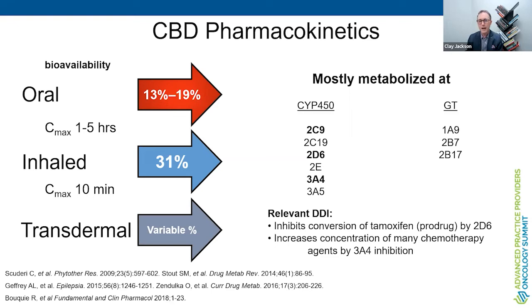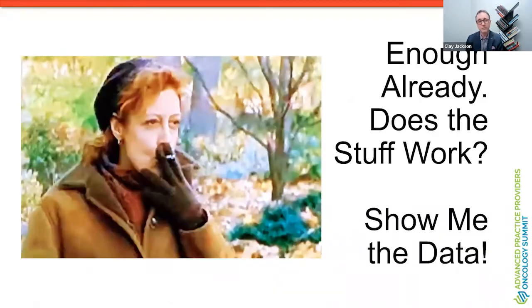And so if you're treating patients with ER-positive breast cancer and you've got them on tamoxifen and they're taking CBD, then they may be getting less of a benefit from their hormonal therapy. Many of your chemotherapeutic agents can have increased concentrations because CBD actually causes CYP3A4 inhibition, and so concentrations may go up with adverse events.